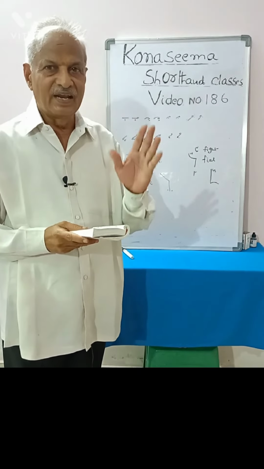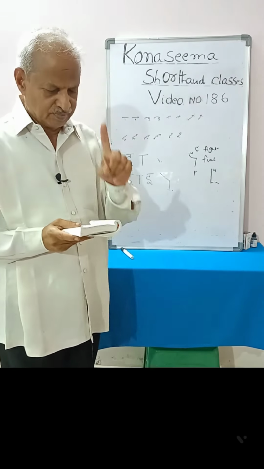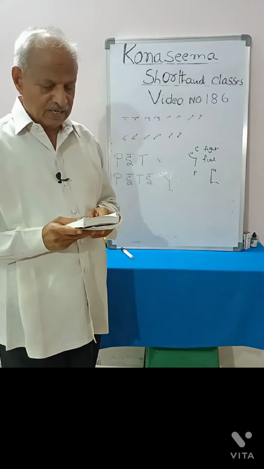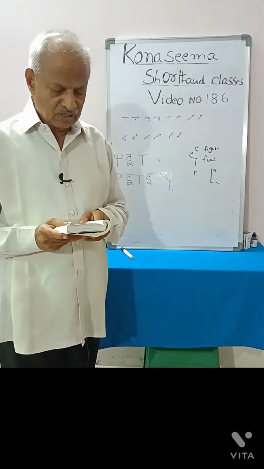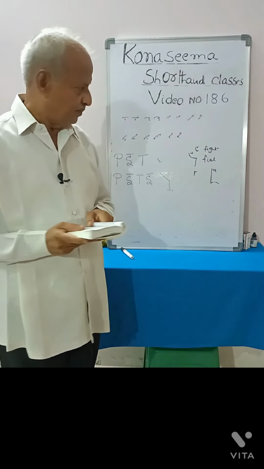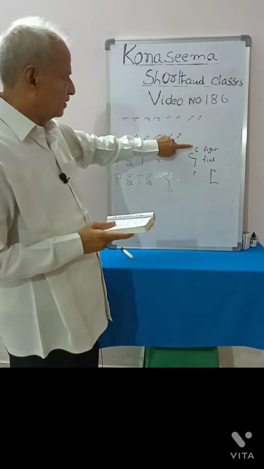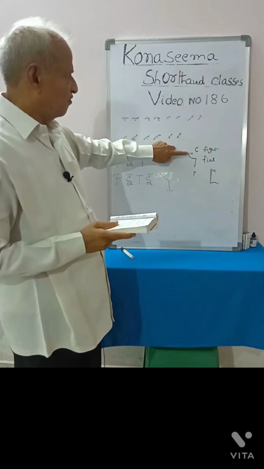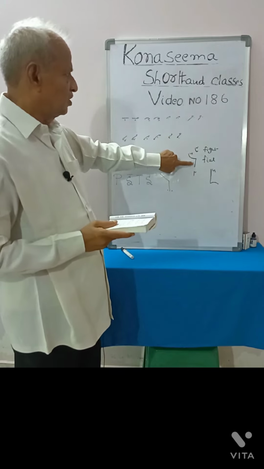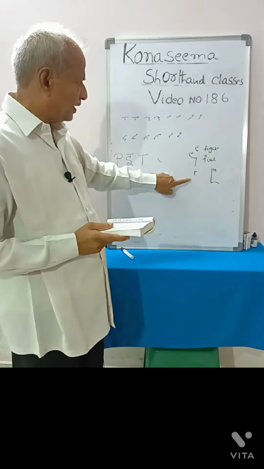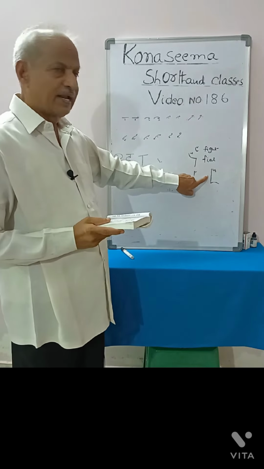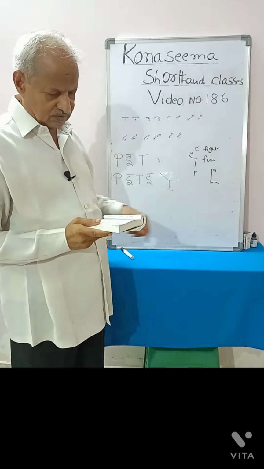Greed, greedy. Next, B. When a triphone immediately precedes T or D, you see fight is there. But fiat, we have to write full stroke. This is the rule. We have to follow this rule. And die, diadem, we have to write like this.